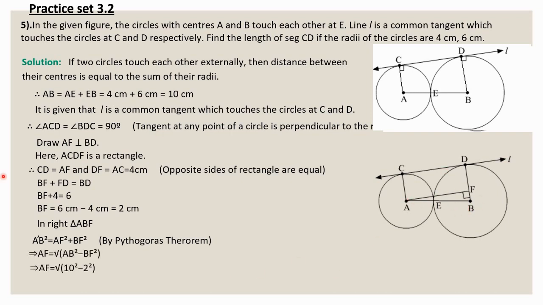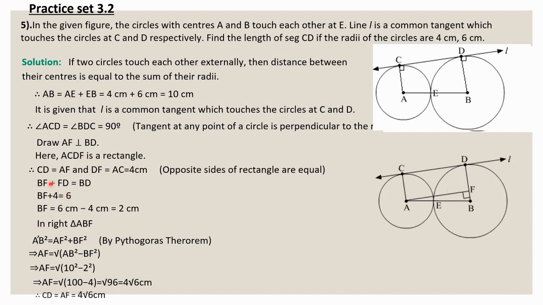By substituting, the value of AB is 10 and BF is 2. We substitute the values and simplify, and we get AF to be under root of 96, which is equal to 4 root 6. So length AF is 4 root 6 centimeters.